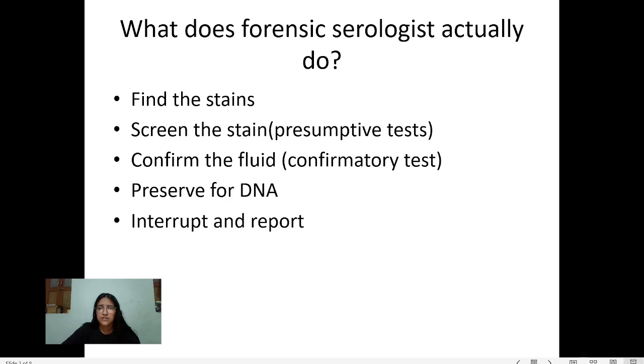Is it related to the suspect or victim, or has some other person put it there intentionally to mislead the case? These kinds of things they can find out. So they can interpret the findings on the basis of the crime scene context as well as the lab results. This can help to exclude or include a suspect. So after all this interpretation and finding of results, they report it.